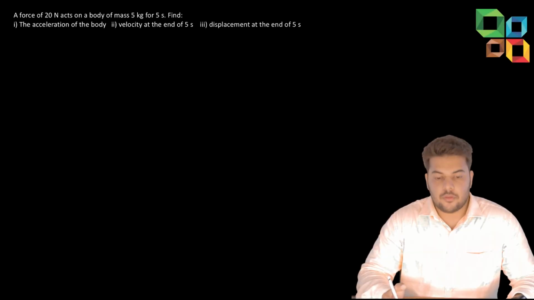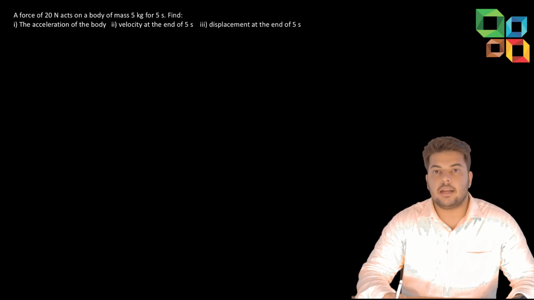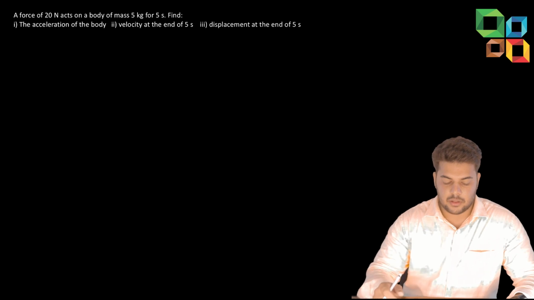A force of 20 Newton acts on a body of mass 5 kg for 5 seconds. Find the acceleration of the body, velocity at the end of 5 seconds, displacement at the end of 5 seconds. All right. So let's see what's happening over here.